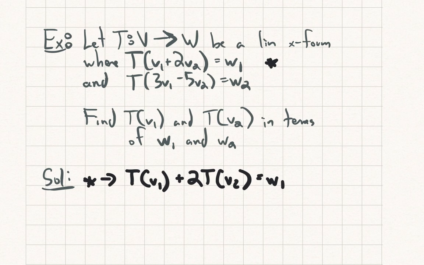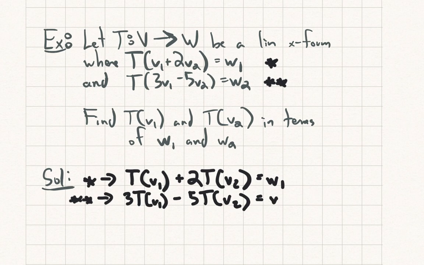And from double star, we'll do the same thing. We'll use theorem 6.1 to split up this linear combination. So we get that 3T(V1) minus 5T(V2) equals W2.